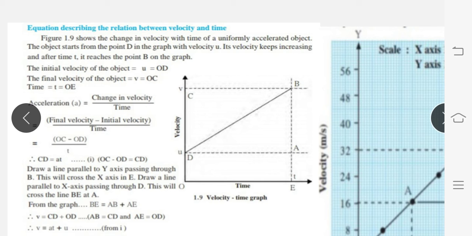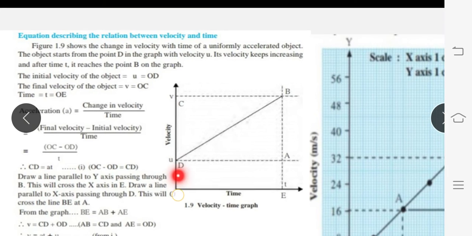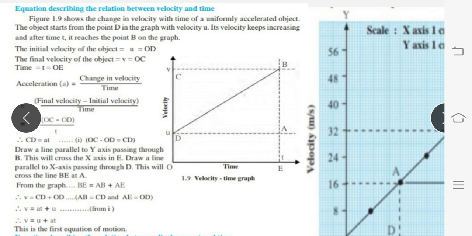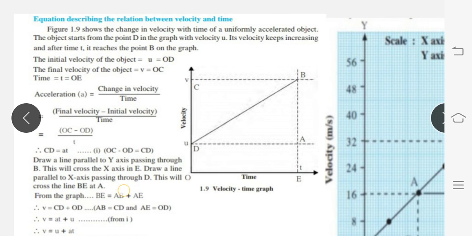By arranging the terms, OC minus OD gives CD, because O, D, C are linear points. So we get CD equal to at.